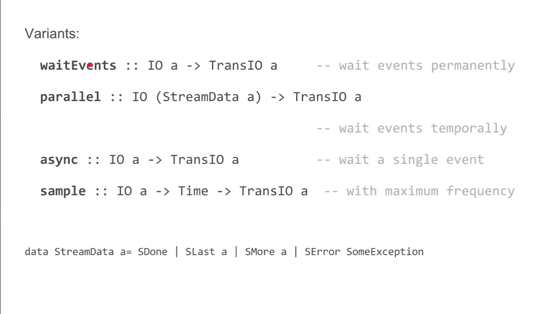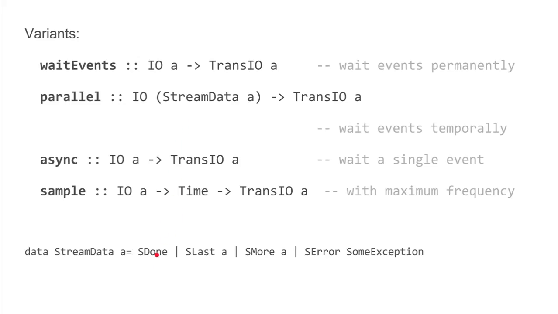There are different versions of the same concept of wait event. Wait event waits, repeatedly executing the blocking IO operation. Whatever it returns is returned to the transient operation within a different thread. Most of the time, we will say later that we can control the threading. Parallel is the most general version, in which the IO operation tells the parallel when to stop.